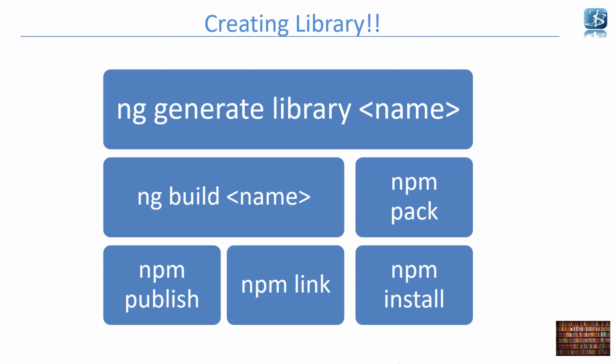To create a library, we will use the Angular CLI, and the simple command for generating a library is ng generate library and the name of the library. In order to use our library in our Angular application, first we need to build the library. Again we can use the Angular CLI to generate a build, using ng build and the name of the library.